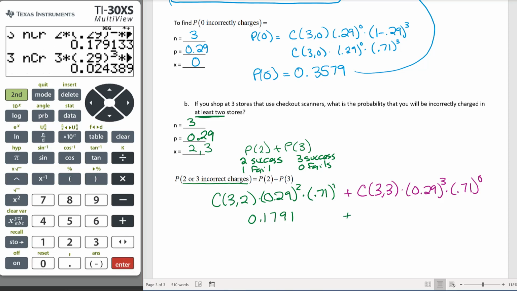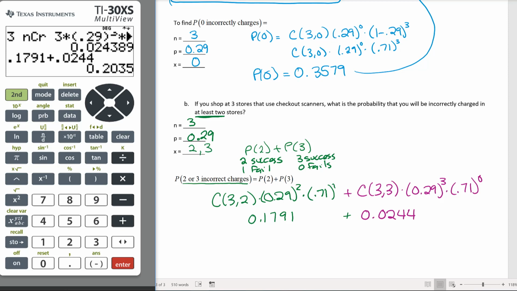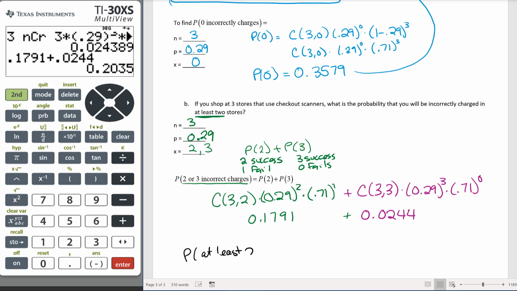And in purple, I'm getting 0.0244, since the 8 makes that 3 go up to a 4. Then I can add these two together to get the probability of at least 2 stores, which is going to be 0.2035.